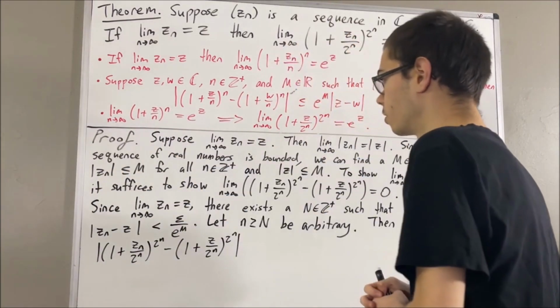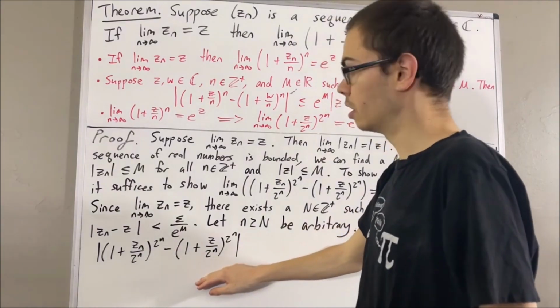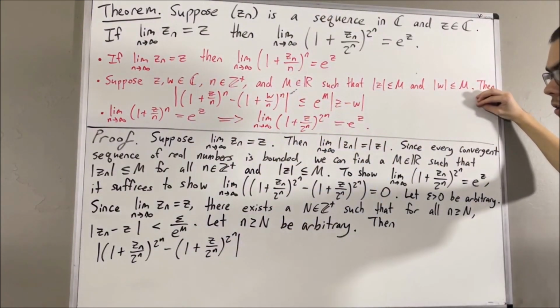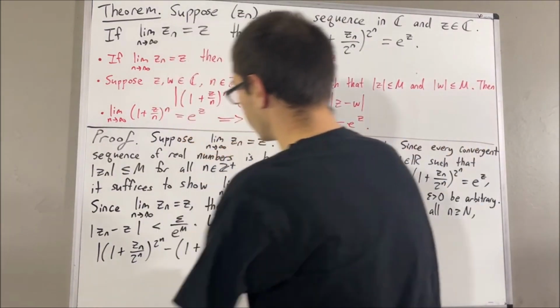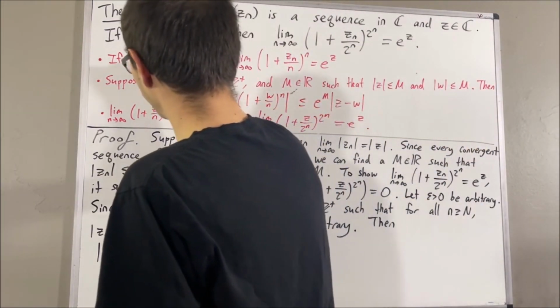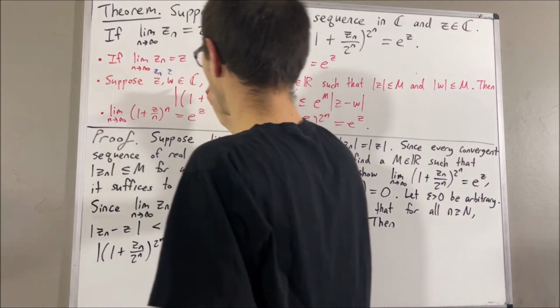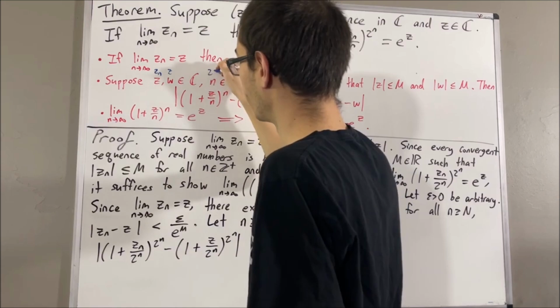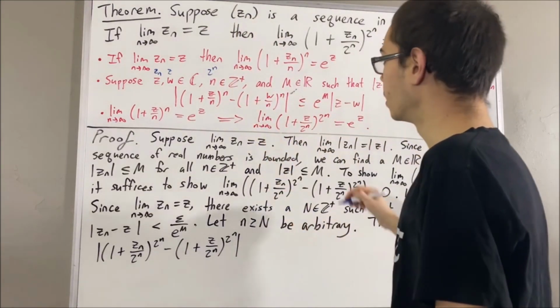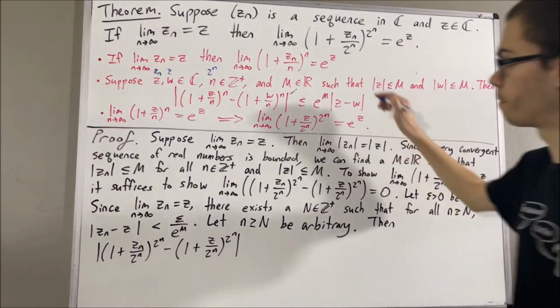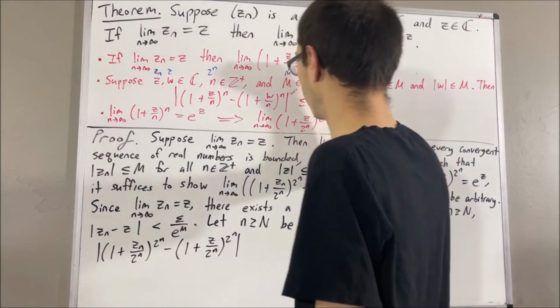And now, to show that this is less than epsilon, we're first going to use this preliminary result. Now, we're going to take Z to be Zn, we'll take W to be Z, we'll take N to be 2 to the N, we'll take capital M to be the capital M that we have in our proof. Right?